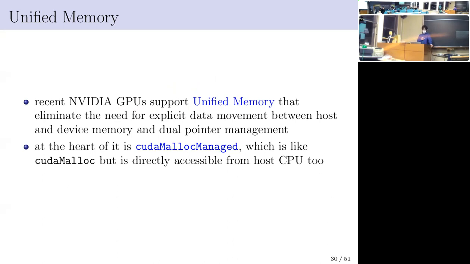And actually, this is an emerging topic. Recent GPUs, especially the combination of NVIDIA GPU and IBM Power CPU, or the combination of AMD GPU and AMD CPU, support this unified memory by hardware.